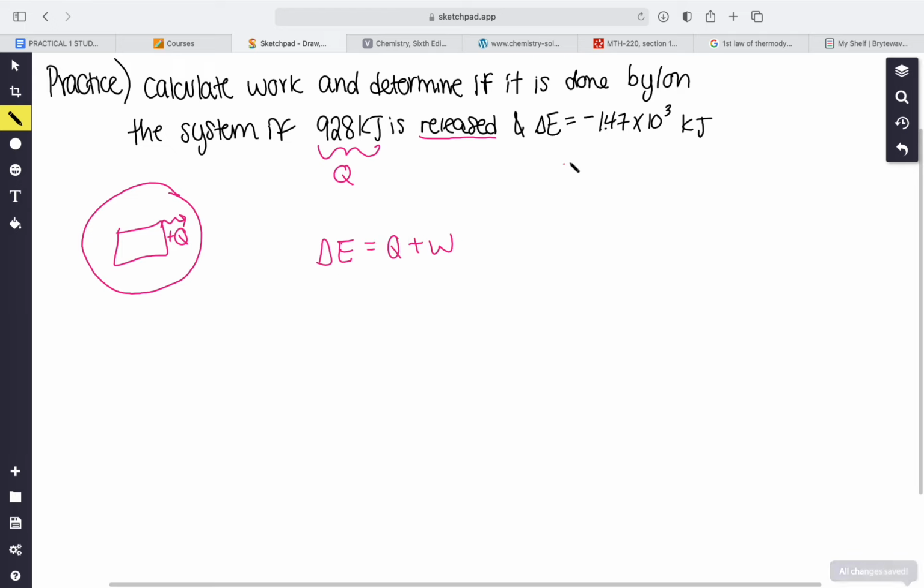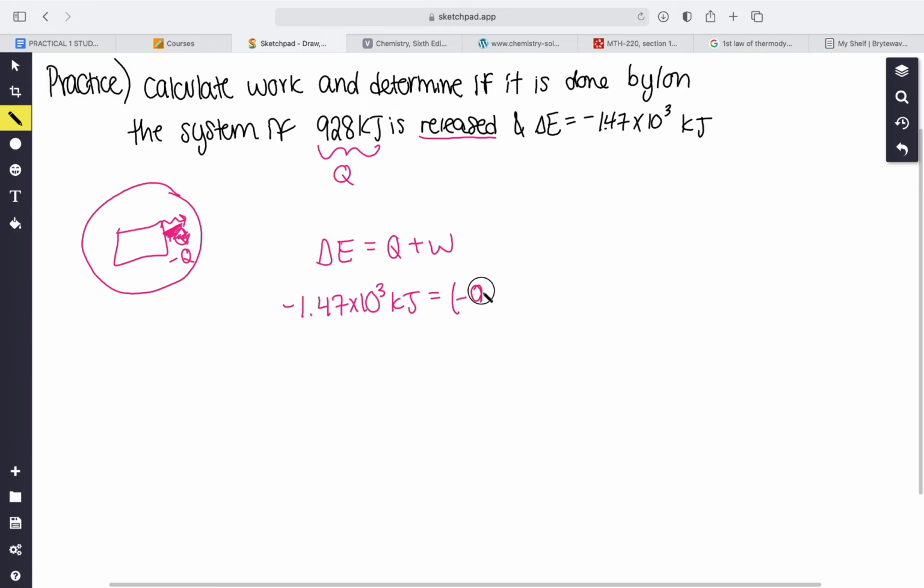Okay, cool. So energy, we can just put that right in as negative 1.47 times 10 to the third kilojoules. That's going to be equal to negative Q because it's being released. Again, oh my god, I keep saying that's positive, guys. It needs to be negative. I always draw it wrong, but this needs to be a negative Q. Apologies for that, because it's being released.